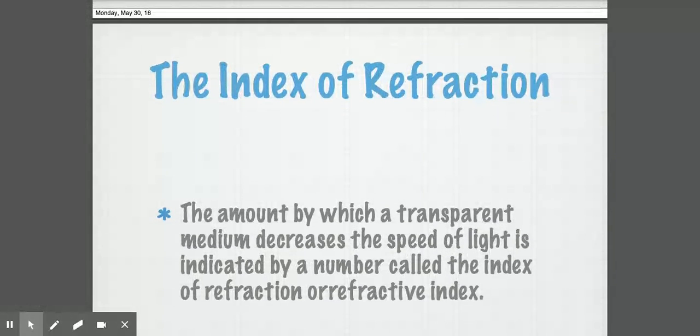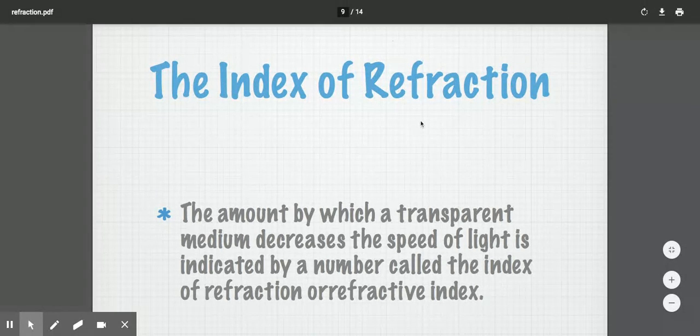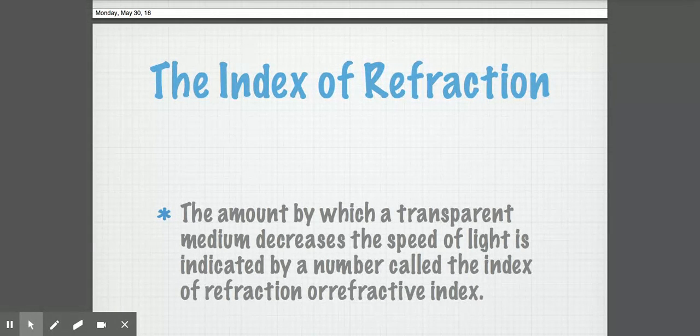Let's talk a little bit then about what we call the index of refraction. The index of refraction is the amount by which a transparent medium decreases the speed of light. It's indicated by a number called the index of refraction. So essentially, the index of refraction is an actual number that we can associate with how much light is slowing down.